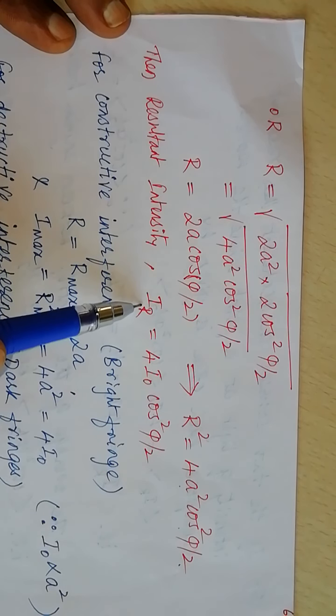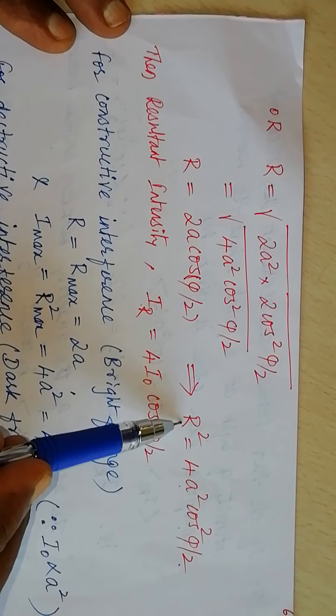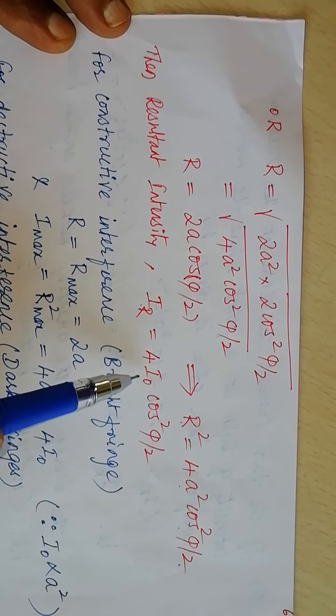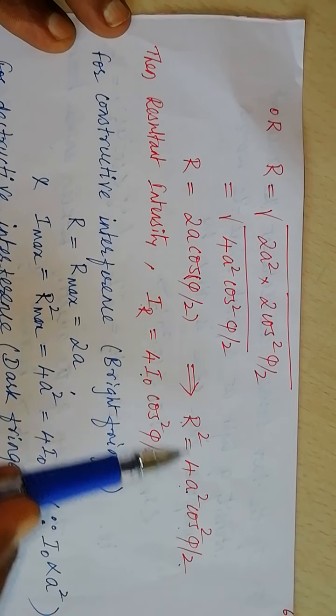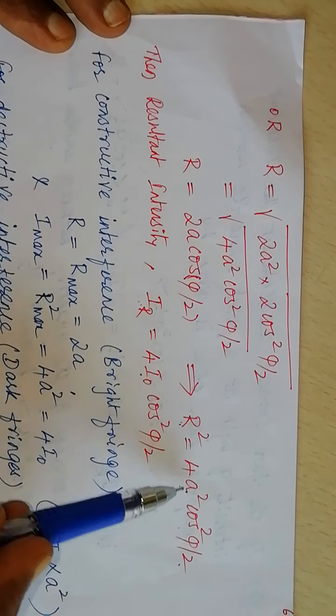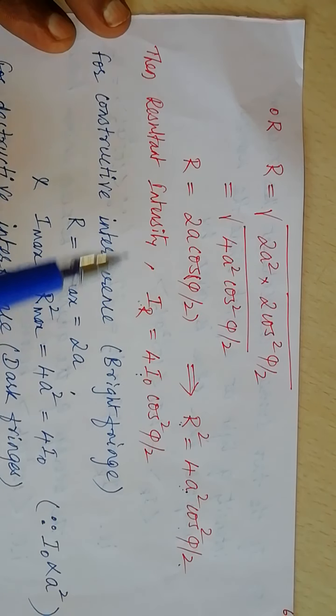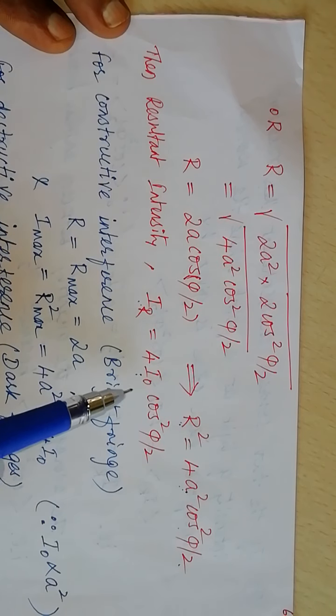Resultant intensity is directly proportional to the square of the resultant amplitude. Then the intensity of the individual sources I0 is directly proportional to A square. So here R square is replaced with IR, A square is replaced with I0. Then resultant intensity IR equals 4 I0 cos square phi by 2.